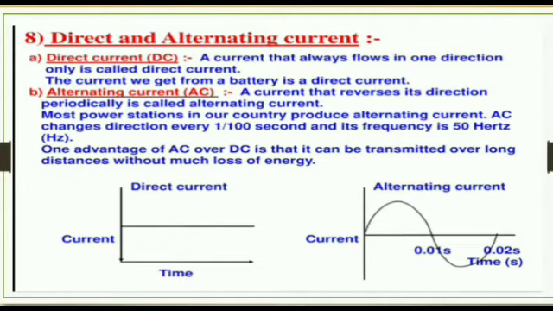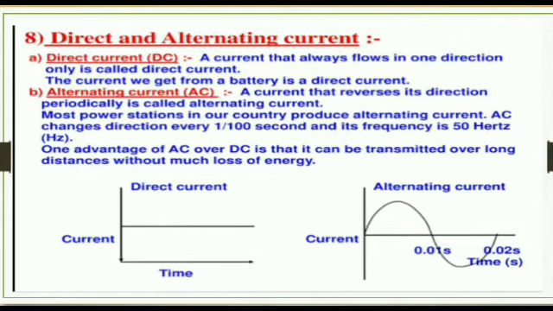Most power stations in our country produce alternating current, because alternating current changes direction every 1 by 100 second, and its frequency is 50 hertz.